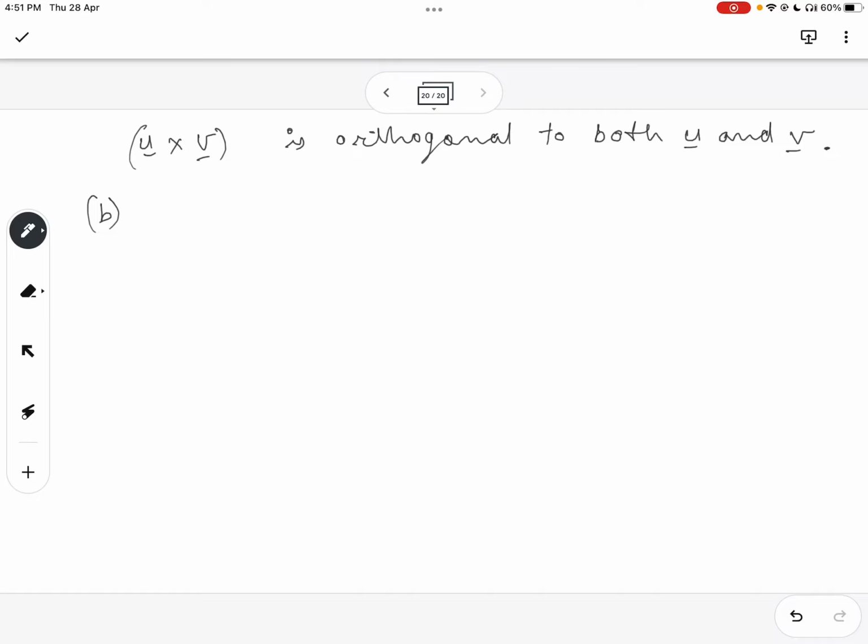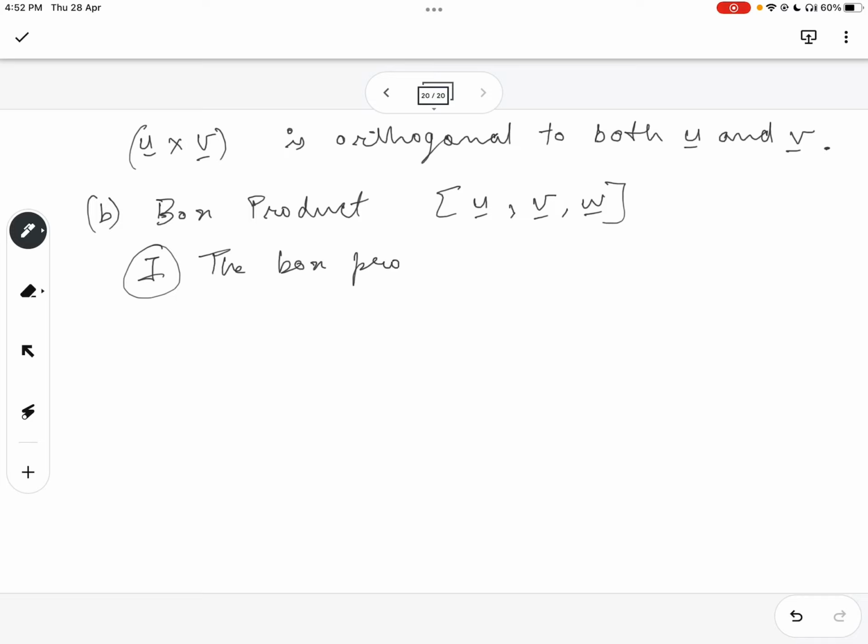Next we see a few properties of the box product, u, v, w. The first one: the box product is linear in each argument.